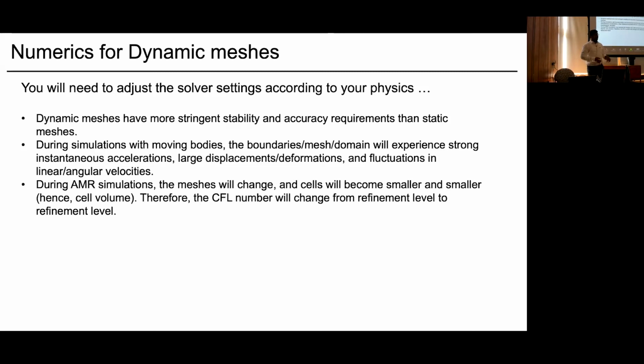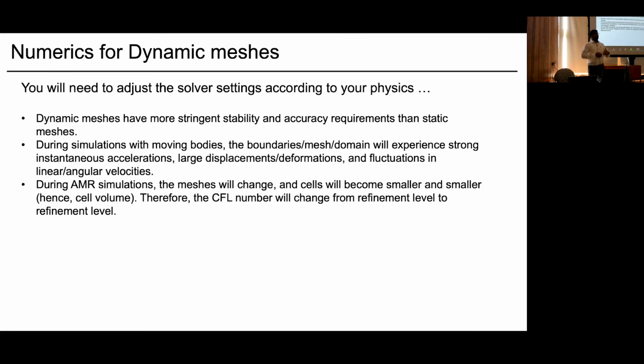Particularly, for example, for adaptive mesh refinement, as the mesh changes and the cells get refined more and more, the cell volume locally gets smaller and smaller, and our CFL number changes from refinement level to level. So this is a very important criterion to ensure the stability of your simulation.